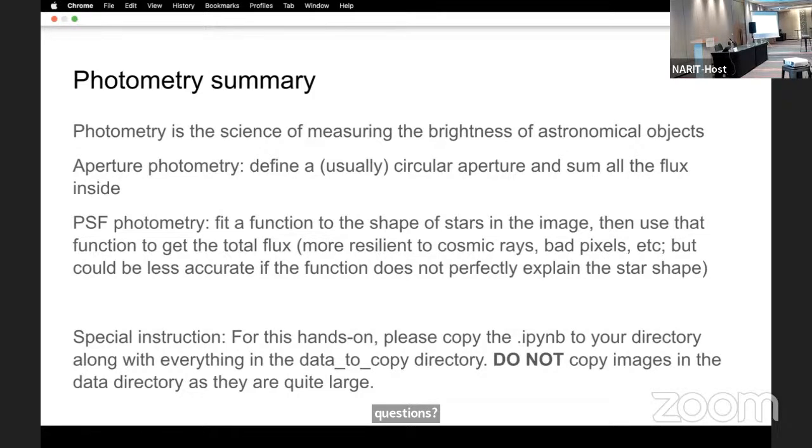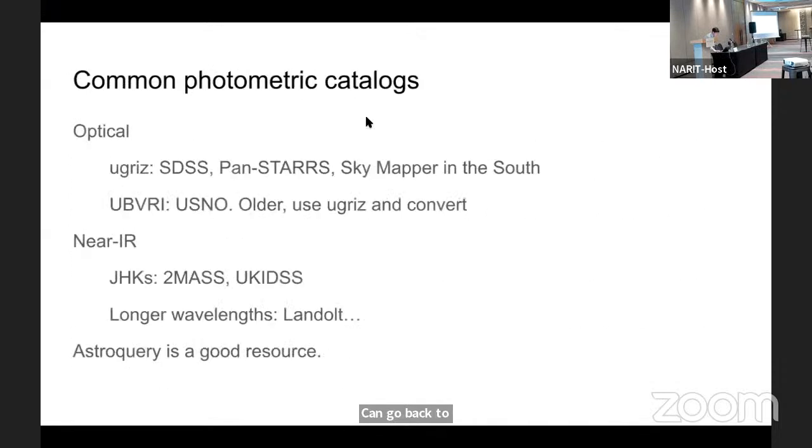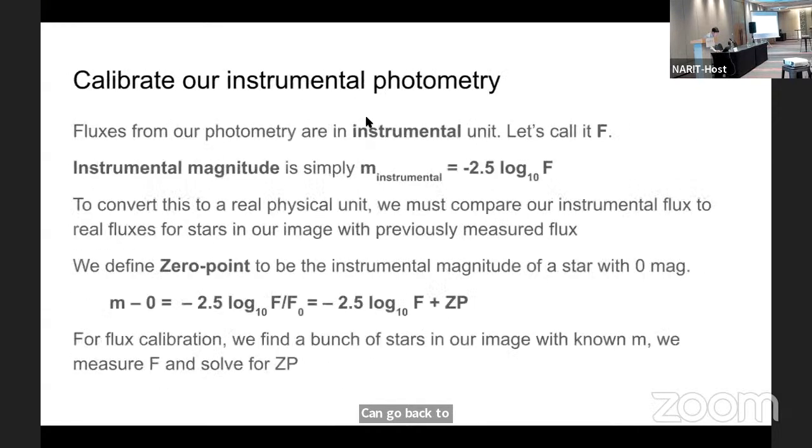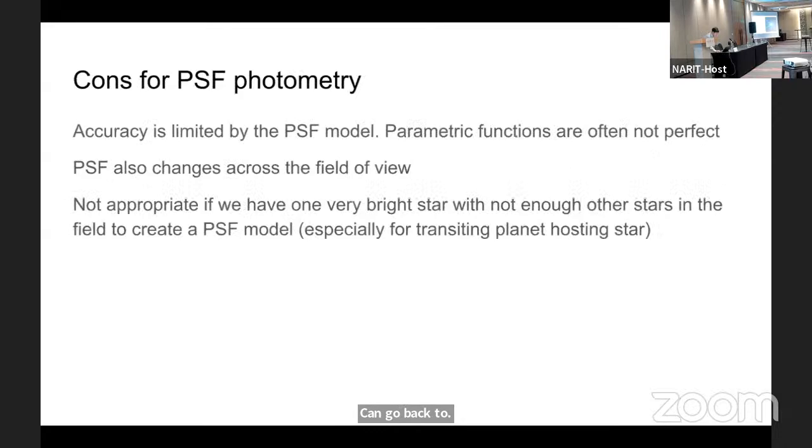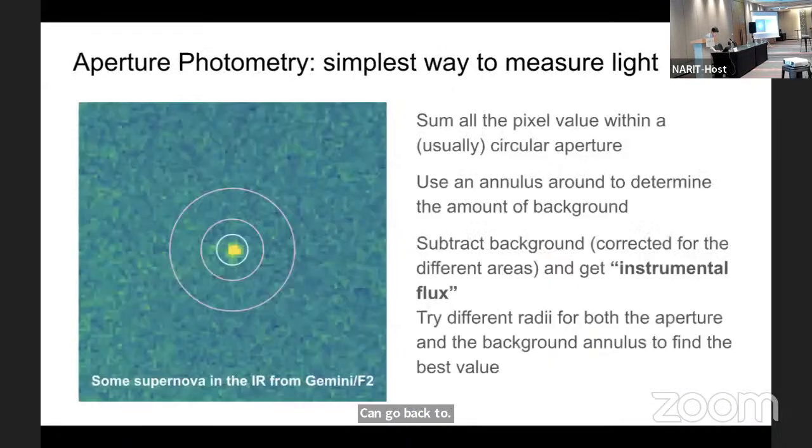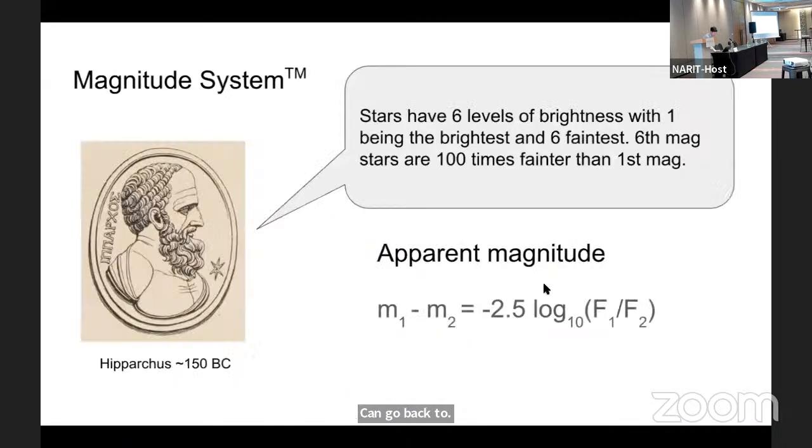Sorry, I was just curious. If you want to convert from V magnitude, Vega magnitude, to AB magnitude, or vice versa, how do you do that? That's a great question. You can use this very fundamental magnitude equation.